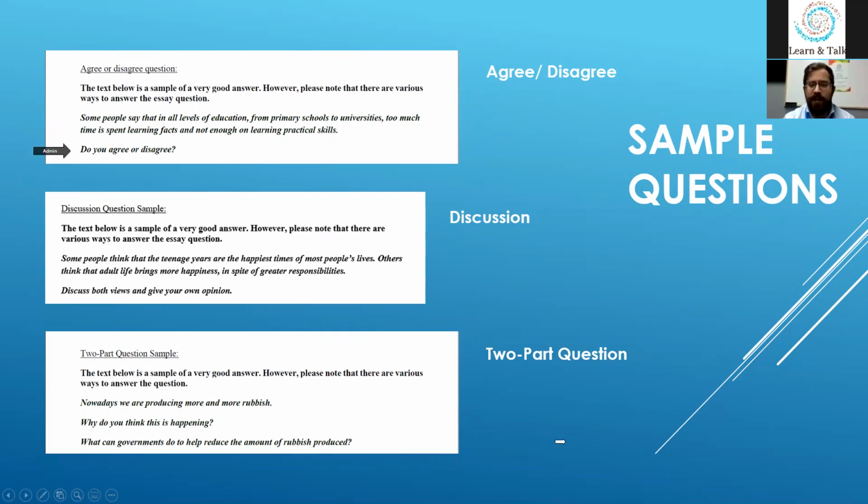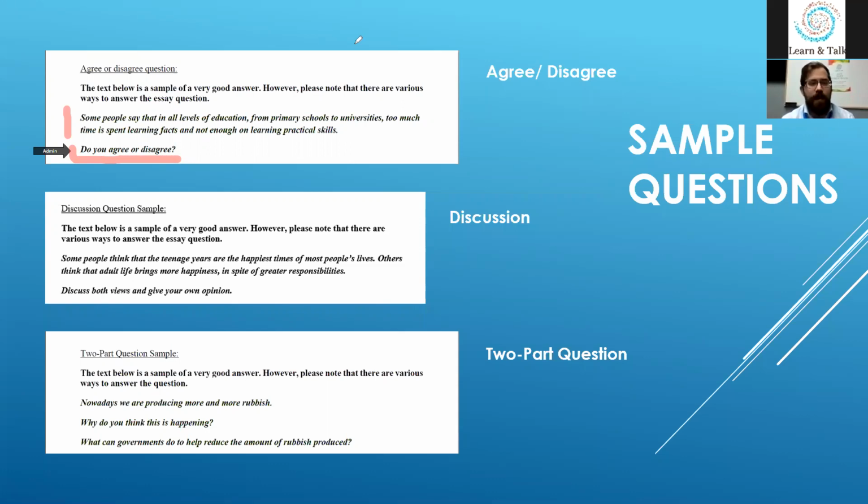Do you agree or disagree? So in this example, we have your topic given to you here, and then here's your main question. Do you agree or disagree?